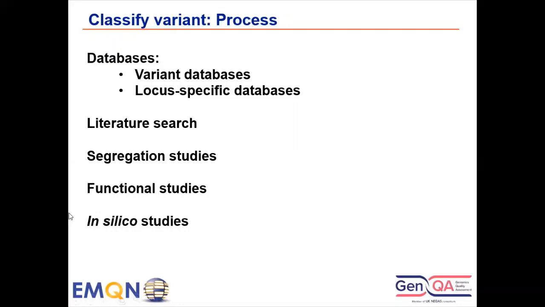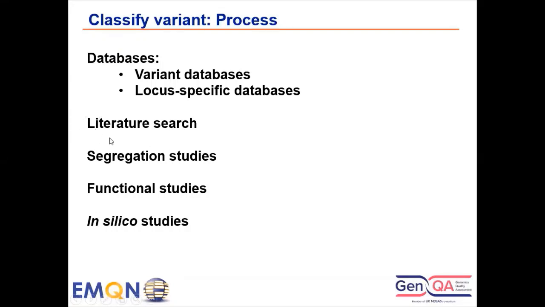You can also spend a lot of time doing the literature search, because BRCA1 and 2 are, I think, almost the most sequenced genes in the world. So a lot of literature can be found about it, but it's really worth the effort to have a good classification, especially for missense variants.